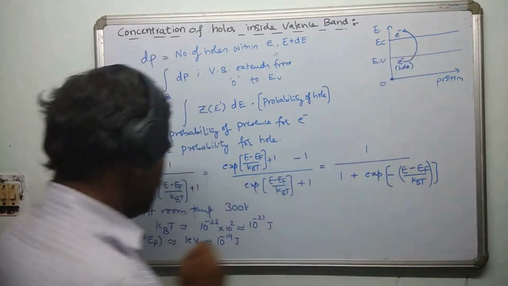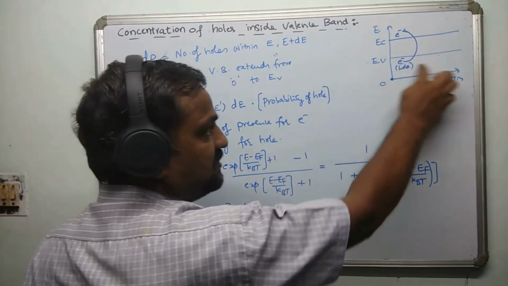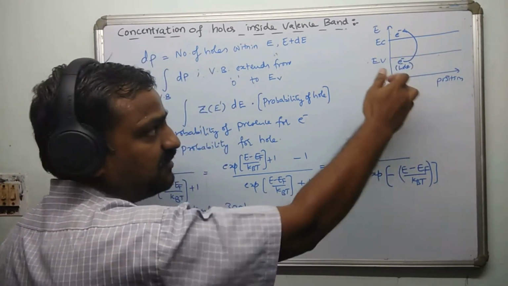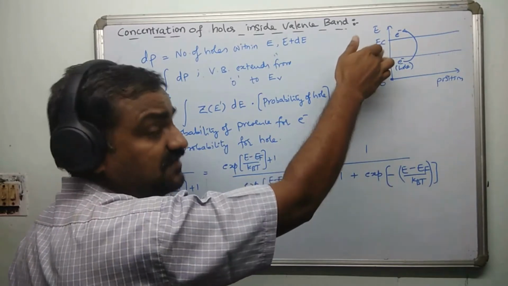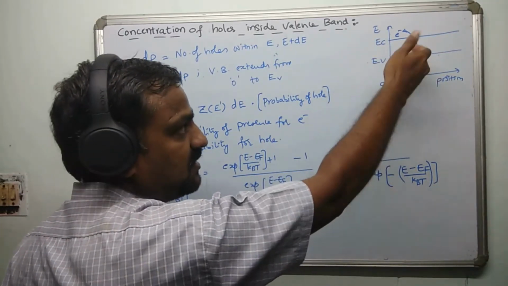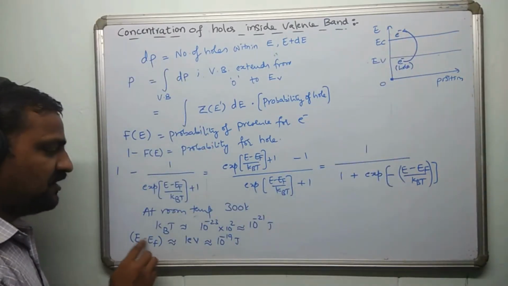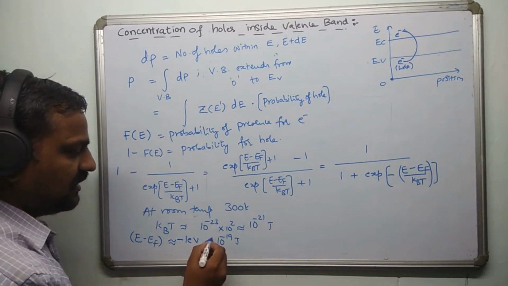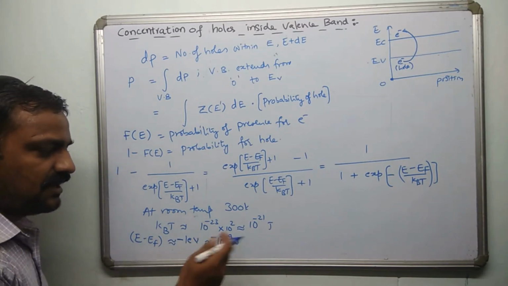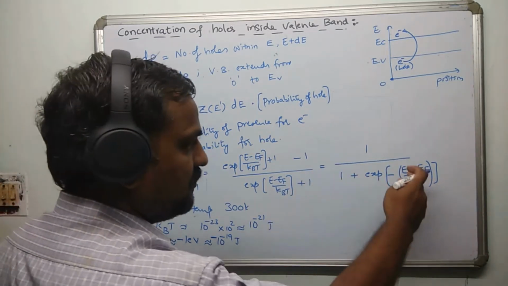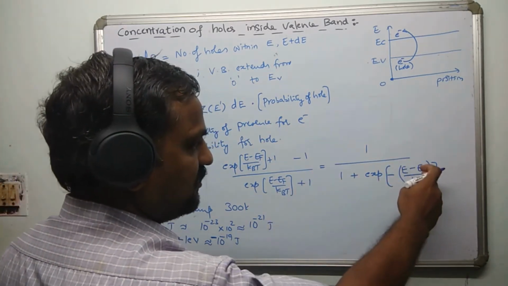So the energies of electrons are inside this valence band, whereas the Fermi level is above this EV. So this term is going to be negative, right? So I will be writing a negative sign here, and this order is minus 10 power minus 19 joule, right? So definitely, this term is going to be E minus EF.